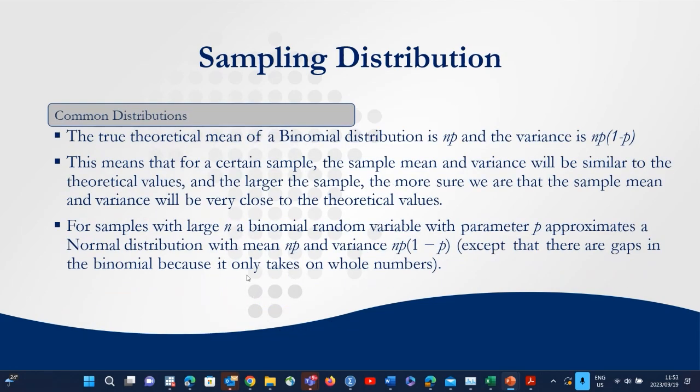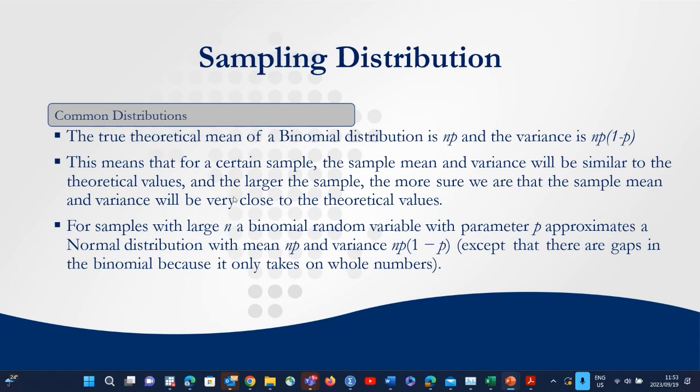So these are some theoretical properties. Once we say it follows a binomial distribution, we also know that the theoretical mean will be the sample size multiplied by the probability of success. Then the variance we can compute as well. It means that for a certain sample, the sample mean and the variance will be similar to the theoretical values.